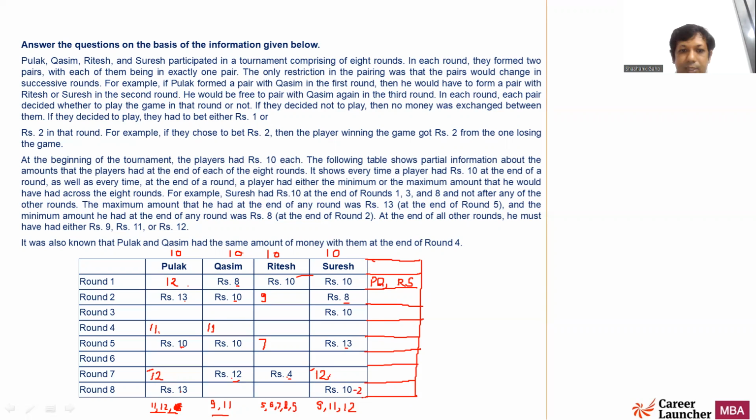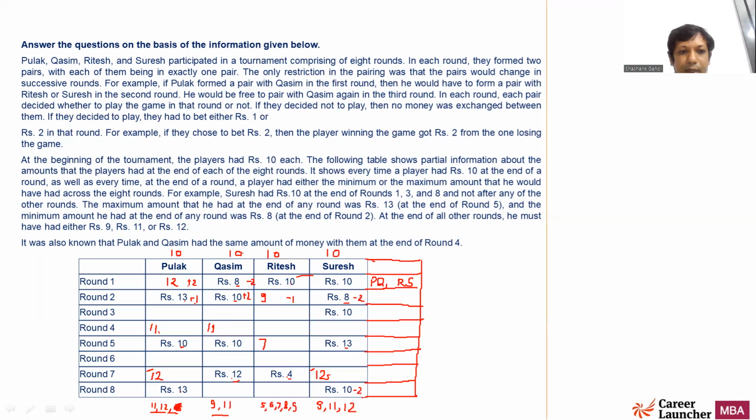So the only possible value I'm getting is 12 and 12, and in this round, this person is losing 2 rupees. If this person has 10 here and he is losing 2 rupees. From 10 to here, the person is gaining 2 rupees. From 10 to 8, the person is losing 2 rupees. From 12 to 13, the person is gaining 1 in this round. Here to here, the person is gaining 2 rupees in this round. Okay. 10 to 9, the person is losing 1 rupee. The person is losing 2 rupees.